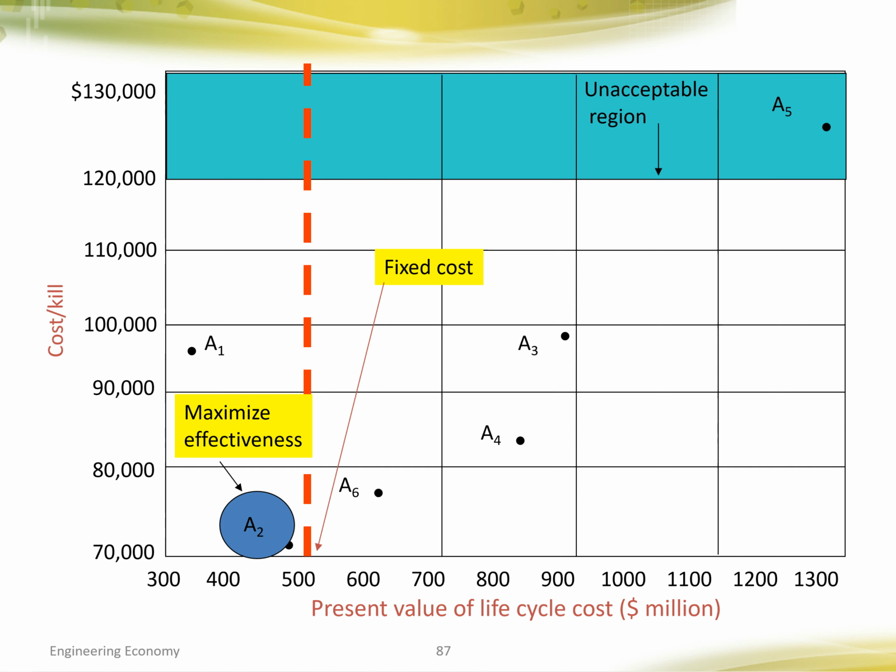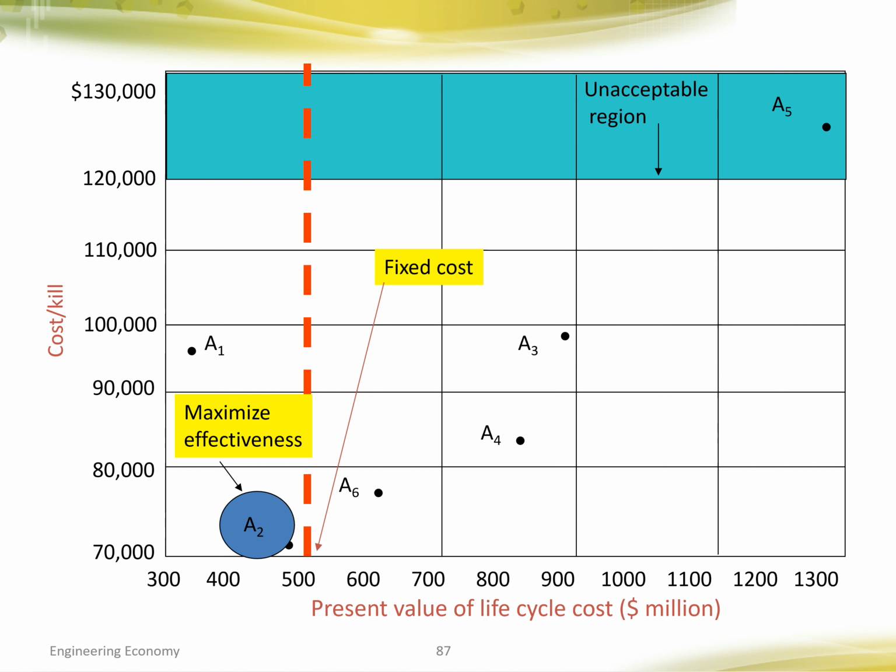And A5, although it has the highest possibility of kill, its cost per kill, that is, to get that effectiveness, the cost is way too high. So it's outside the acceptable region. So it cannot be considered either. So only alternatives A1 and A2 are within the feasible region to be considered.